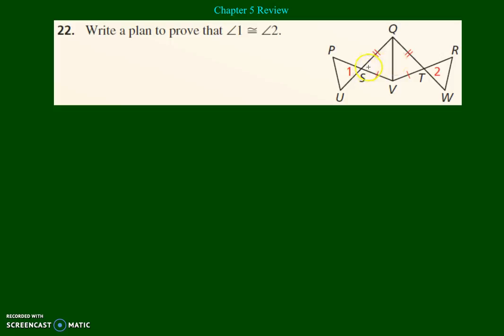And then I notice that this angle and this angle are vertical angles, and this angle and this angle are vertical angles. So given that this triangle and this triangle are congruent, we can show by CPCTC that these two angles are congruent, and by extension, using vertical angles, that this angle and this angle are congruent. So let's go ahead and try that.